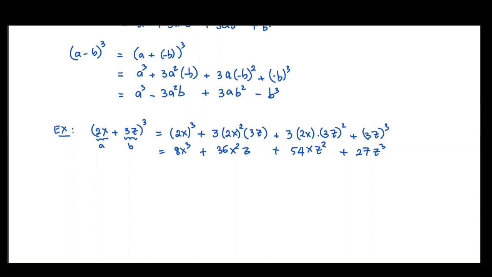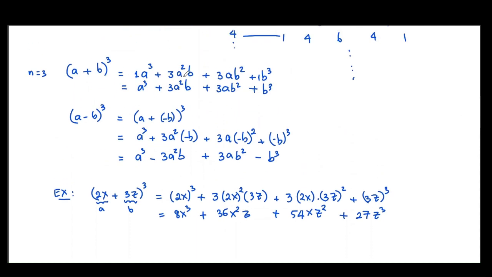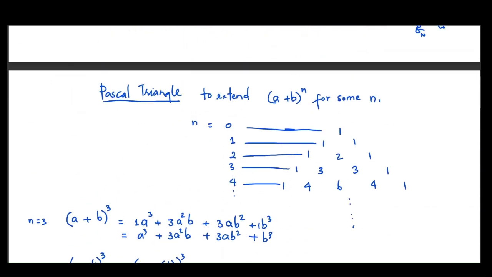So we don't have to memorize these. We just use Pascal's Triangle, and whenever you have a piece of paper, just make it somewhere, and Pascal's Triangle is really helpful for you.